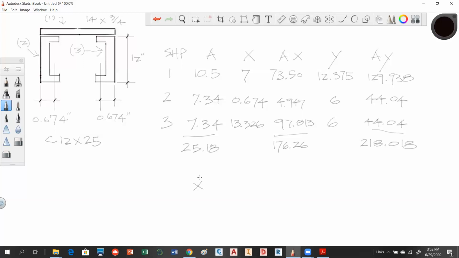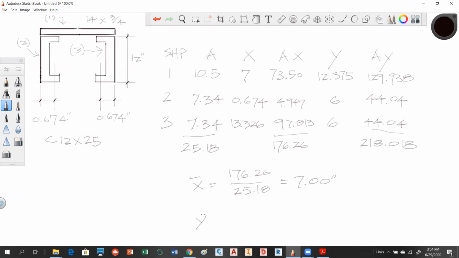So X bar, sum of the AXs divided by the sum of the areas gives us 7. So it's exactly 7.